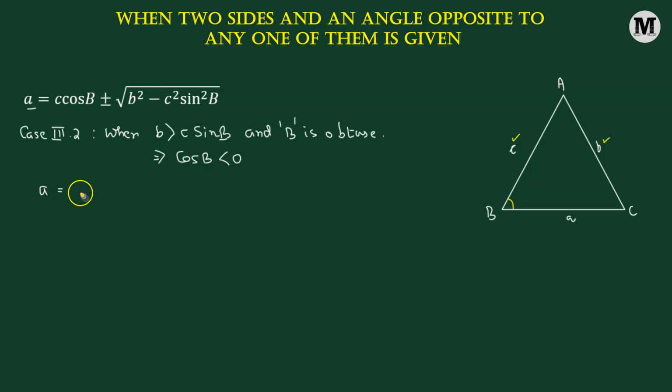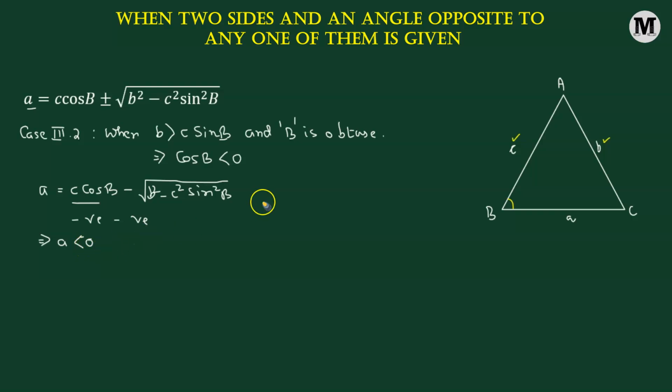So a is c times cosine of B minus the square root of b squared minus c squared sine squared B. This is one of the possible solutions, but because cosine of B is a negative number, this is also a negative number. So here we have a negative number, and from it we are subtracting another positive number, which makes a negative. So a is going to be less than 0. Now that is not possible.